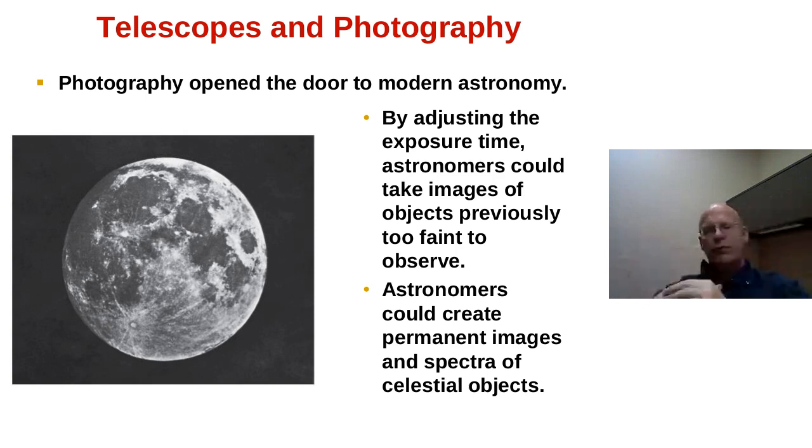So we have a permanent record, and just as important, if not more important, we can adjust the exposure time. So we can allow more light, like leaving the lid off the bucket during a rainstorm, we get more light. So we can adjust that time and see things in finer detail and that are dimmer.